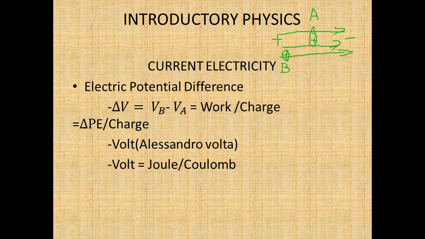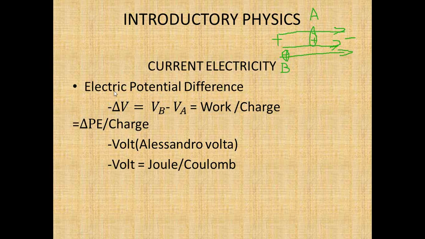So that change in electric potential is equal to the work done divided by the unit charge. Because remember what we said, in order to move the charge from A to B, you have to do work, because the natural tendency is for this positive source charge to repel your positive test charge. So in order to bring it closer, you have to push it. You have to do work.